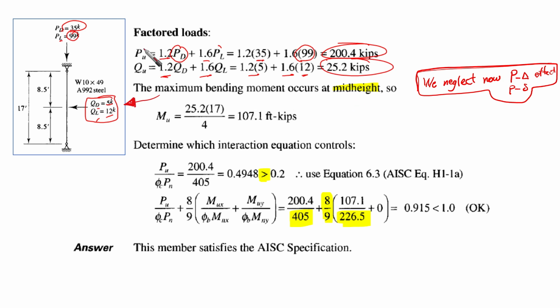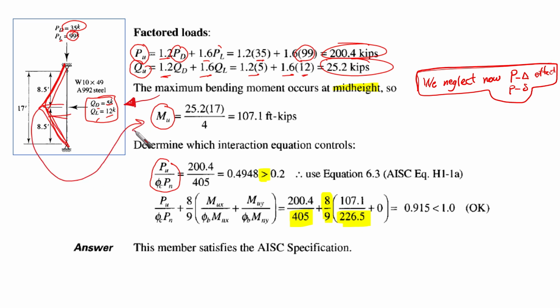So we know now P ultimate. P ultimate we are going to use for obtaining the threshold, and the other, Q ultimate, is going to be used for obtaining M ultimate, which is the ultimate flexural moment. This is the term that is going to give us the maximum moment here.